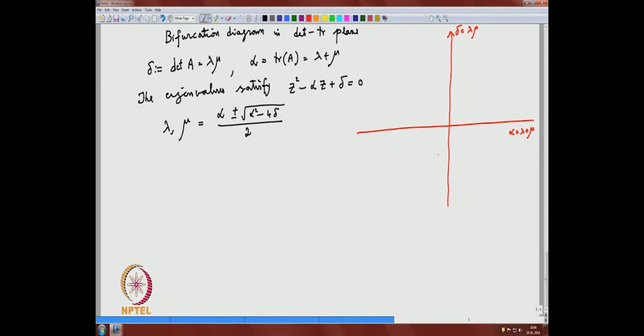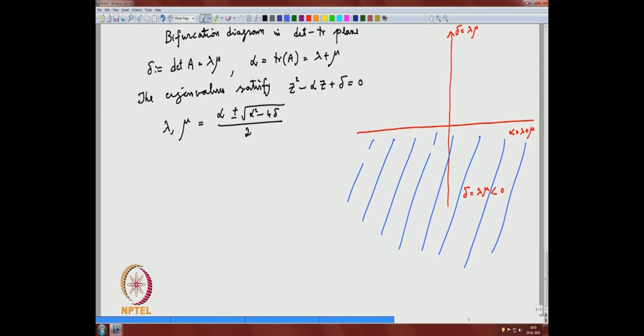Below the alpha axis is the region delta less than 0, that is, delta equal to lambda mu less than 0. This is the complete negative region.